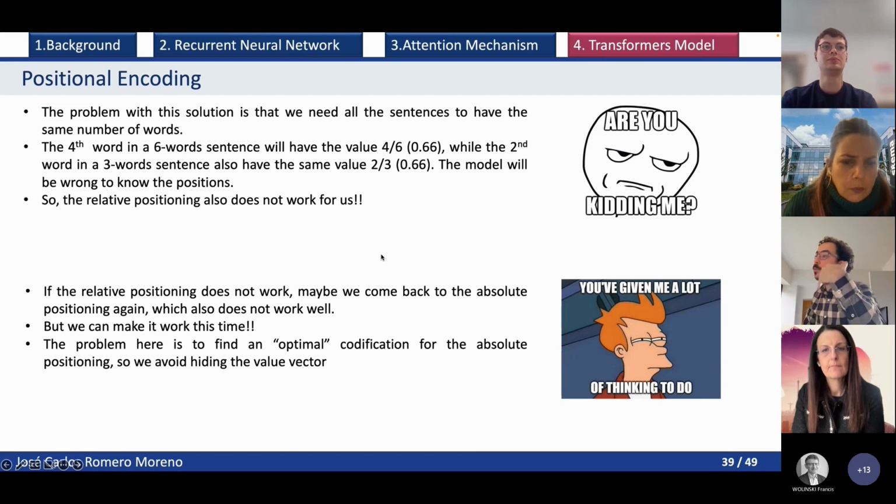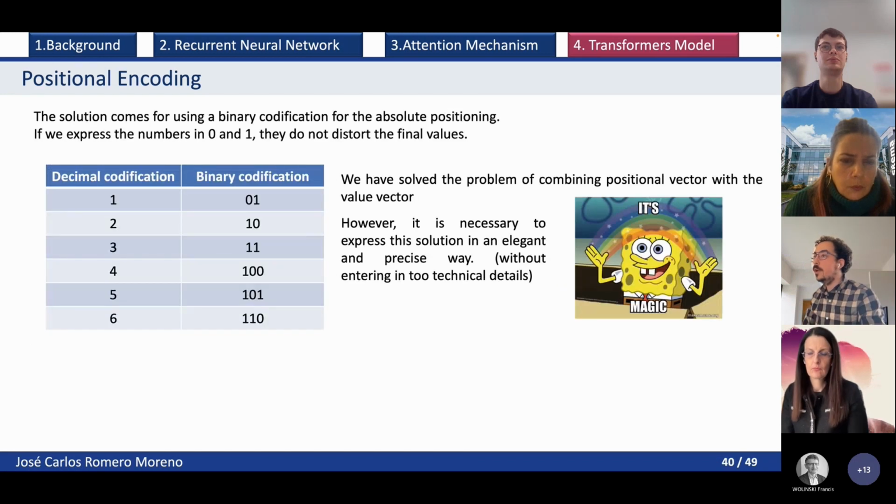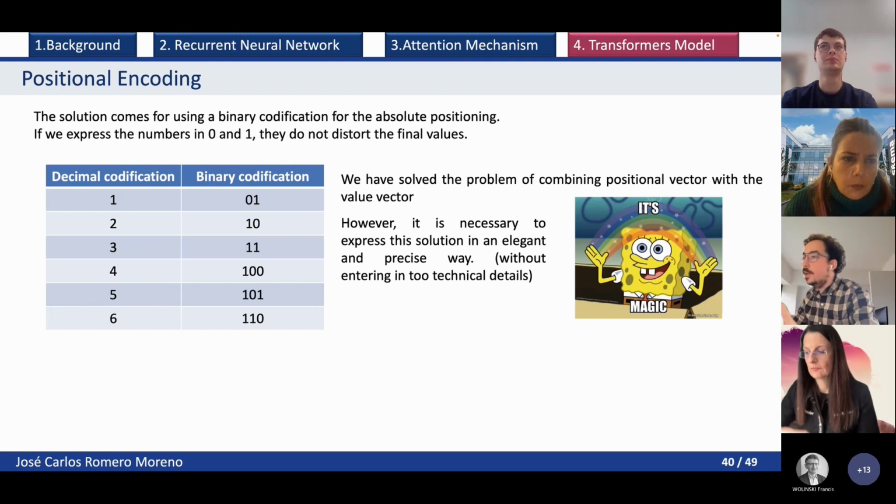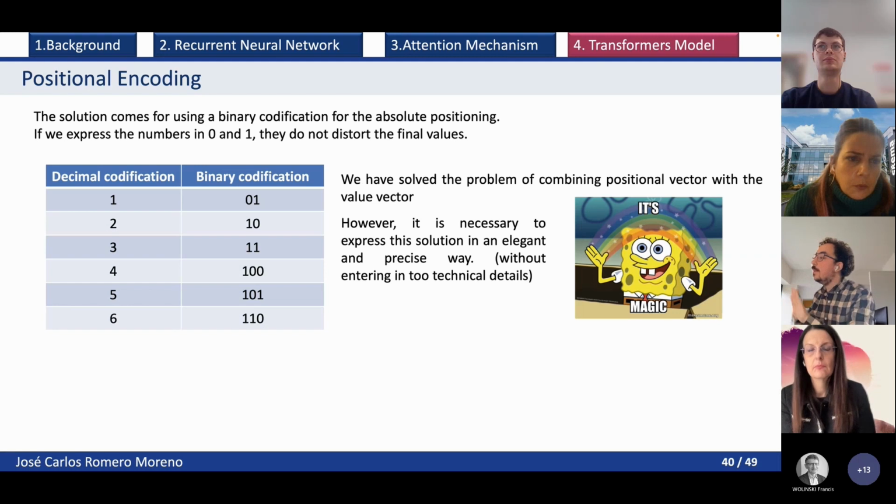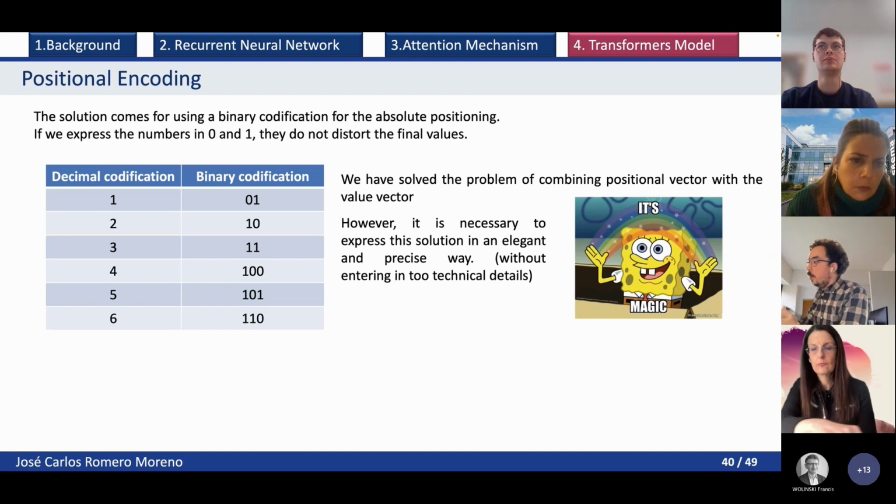Okay, so we need to find an optimal codification for this positioning. The solution comes from the binary codification. In case you don't know, computers work with a binary system. Just very briefly, we work with a decimal numbering system, which is called decimal because we have 10 different digits to describe our numbering, from 0 to 9.